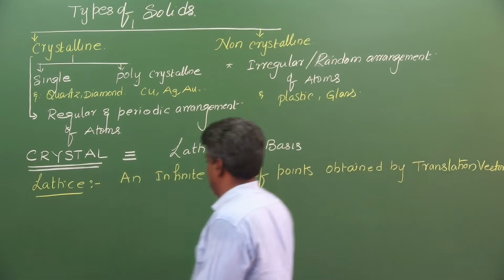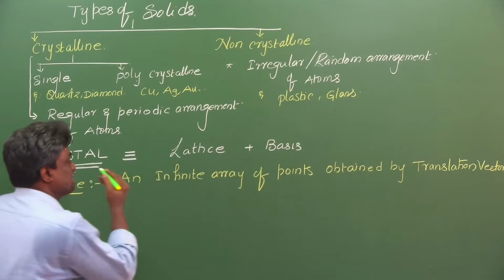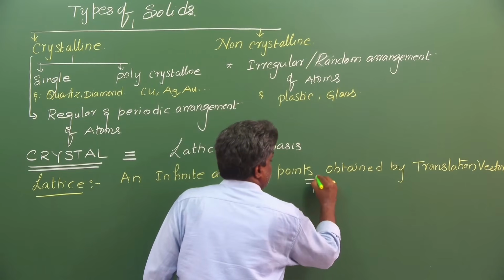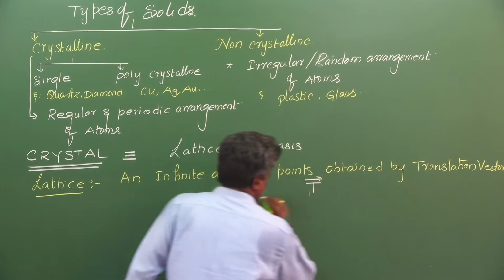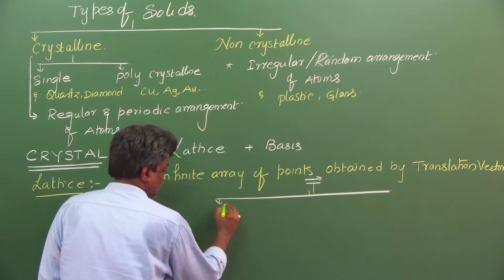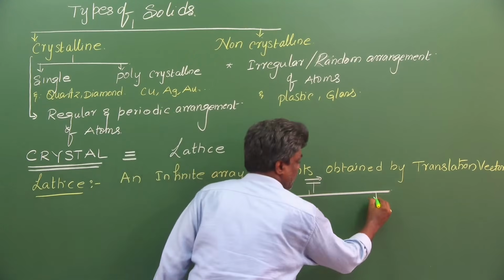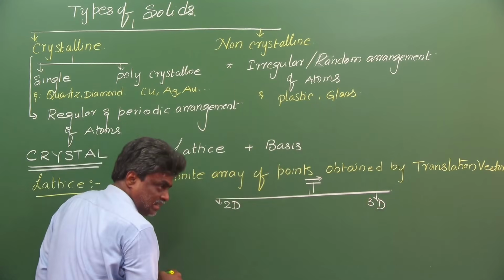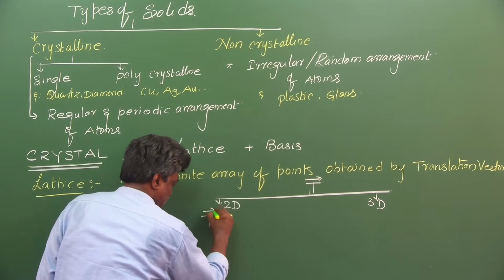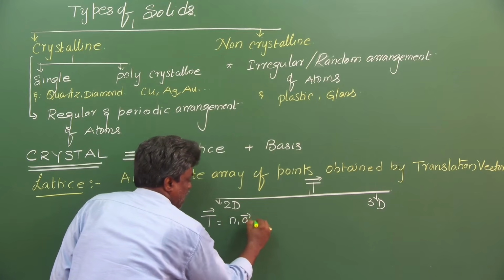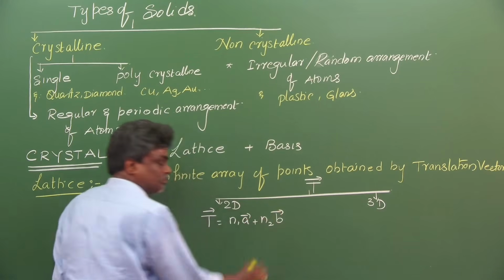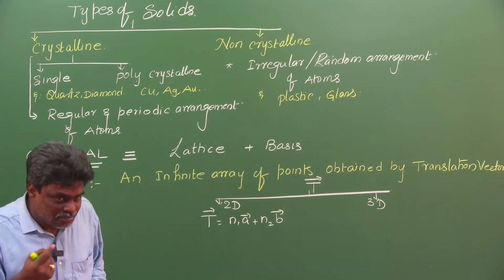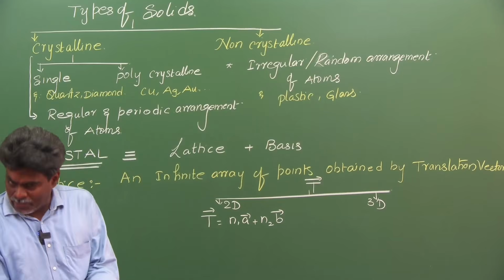What is this translation vector? The translation vector, T bar, has 2 dimensions as well as 3 dimensions. In 2 dimensions, we write the translation vector as T bar equal to N1 A bar plus N2 B bar, where A bar and B bar are called primitive lattice vectors or simply primitive vectors.